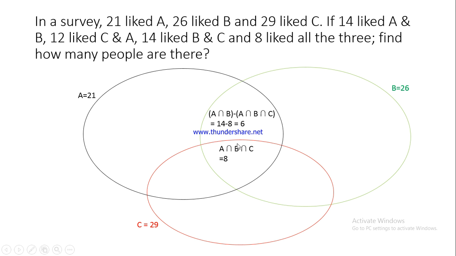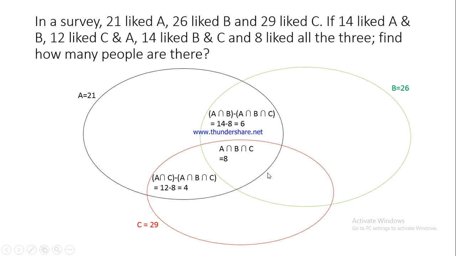So this bigger area that you see, the value is 12. Out of this has already been found out to be 8, so the remaining one has to be 12 minus 8 is equal to 4. In other terms, you can write it like this: A intersection C, which is this area, the bigger one, minus A intersection B intersection C, which is this area. So now you get the value of this area, which is enclosed by the red, green and the black curve.